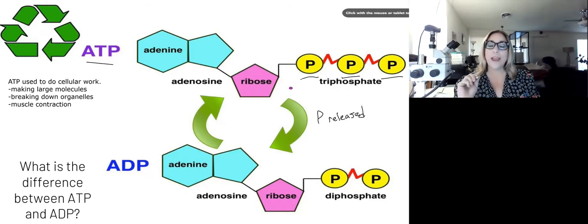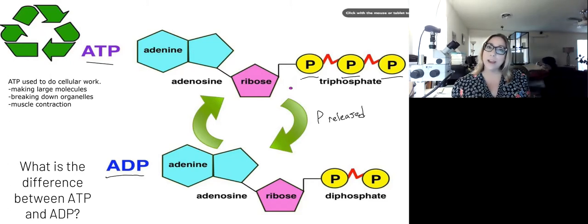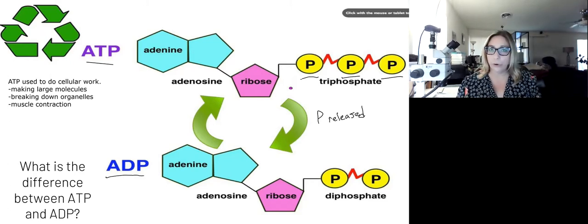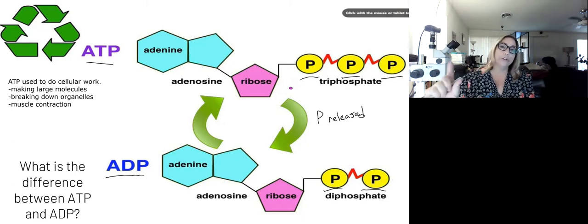Now you end up with ADP, adenosine diphosphate, di meaning 2. So you start with 3 phosphates, 1 phosphate is released. Now you have a molecule with 2 phosphates. So I want you to think for a second, is this an exergonic reaction or endergonic? Are you going large to small or small to large?